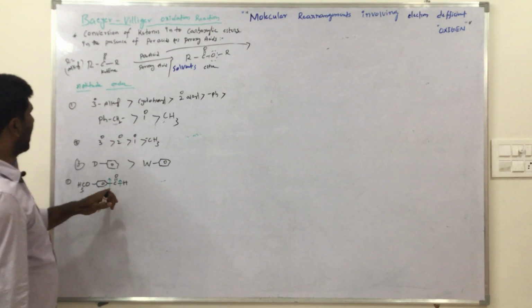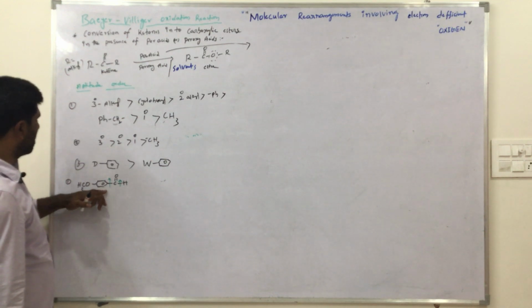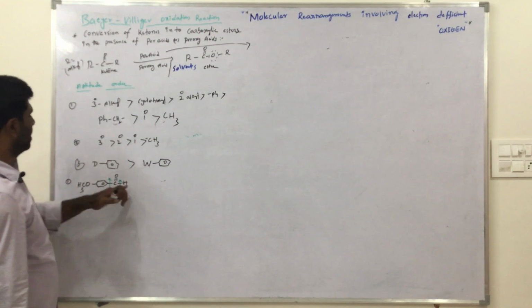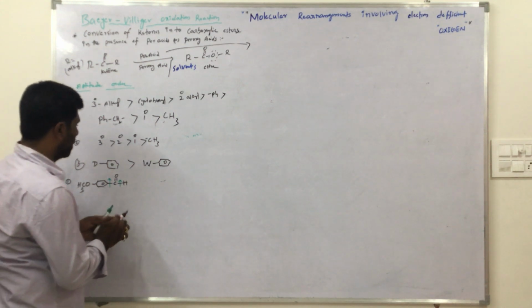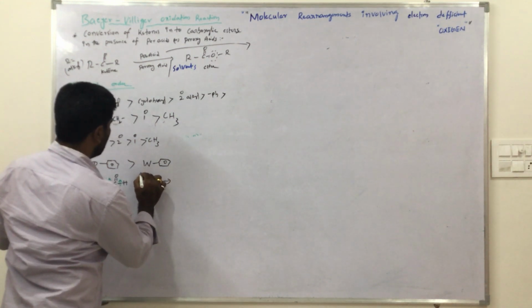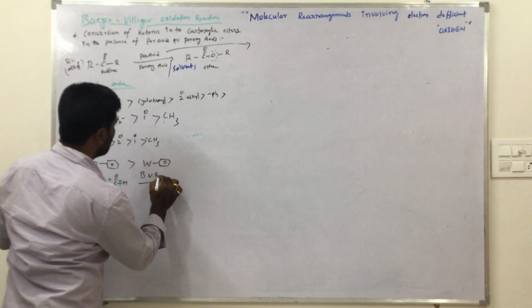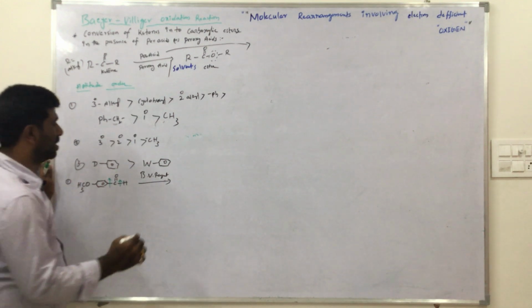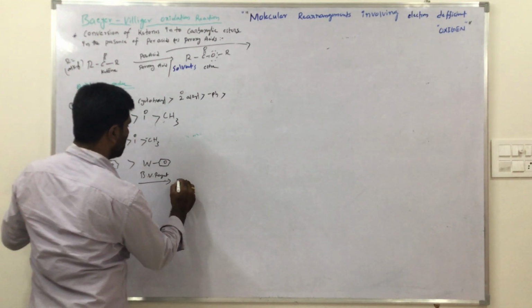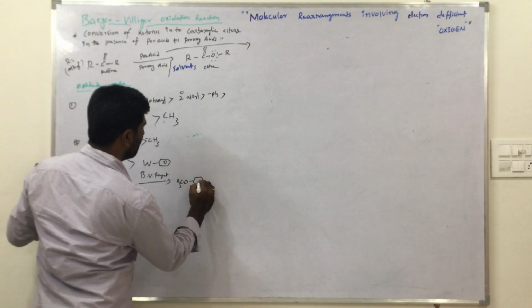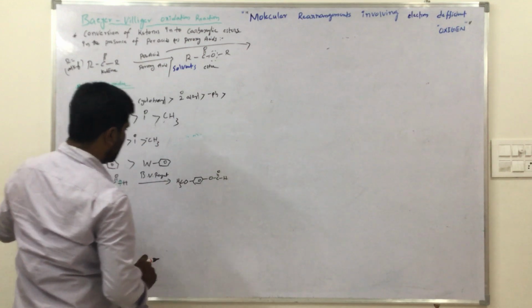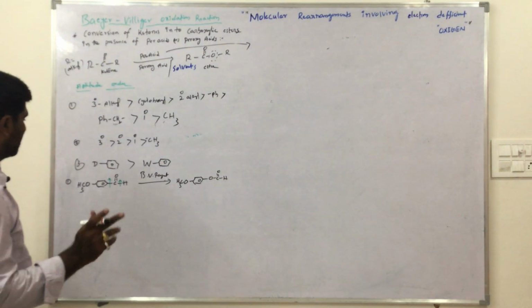But here migrating aptitude is more for this group because this is an electron donating group, right? Here only hydrogen migrates. Now the product with Baeyer-Villiger reagent is OCH3, O-C double bond O-H, right? This is the first example.